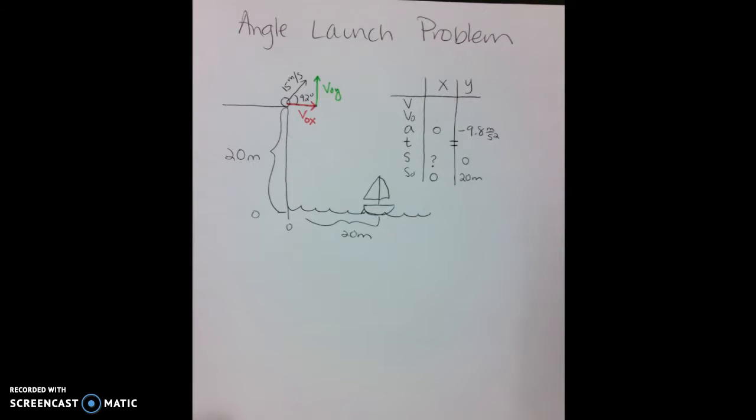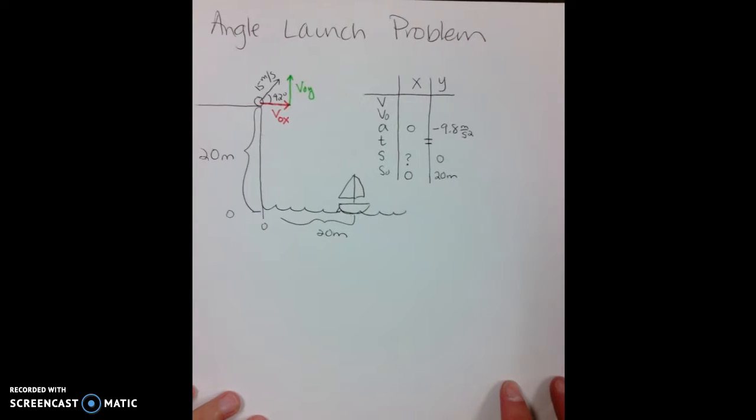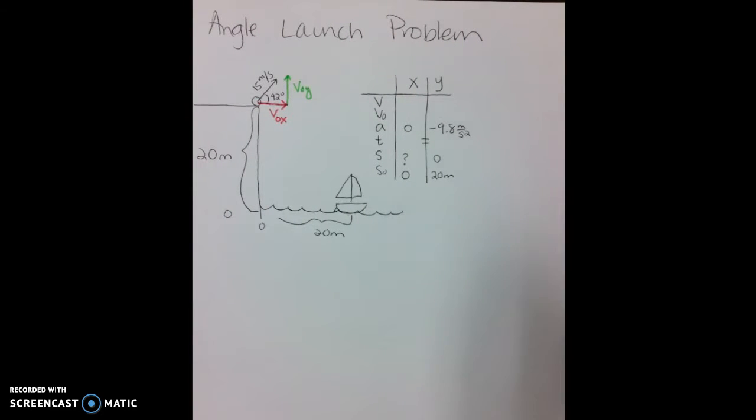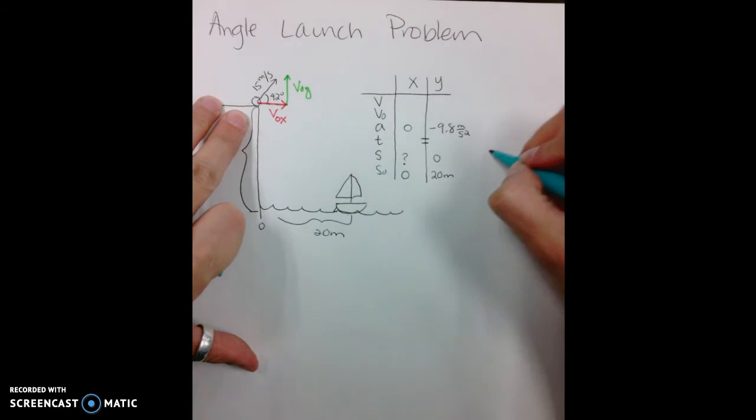Now, neither of those is 15, and in fact, I need to figure out what those pieces are. And so I'm going to do that over here. I'm going to draw a triangle, and I'm going to redraw my 15 meters per second here.